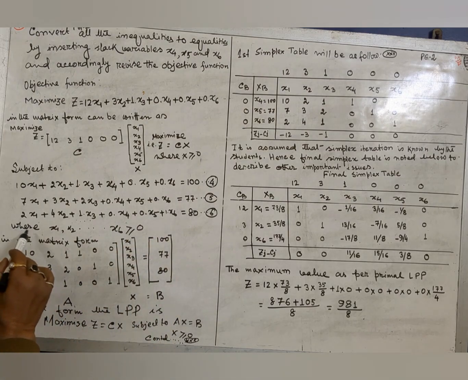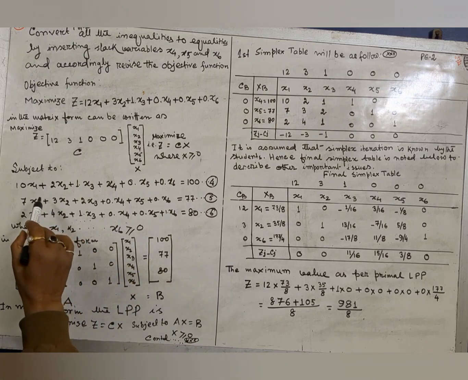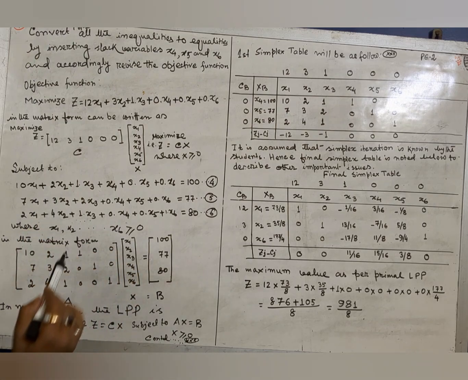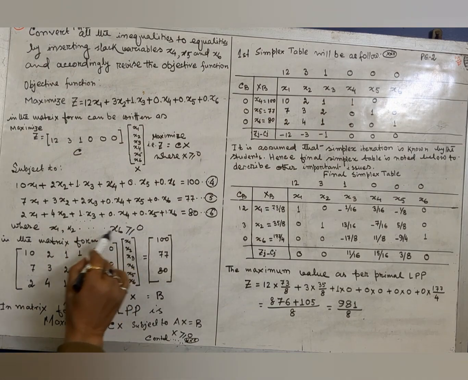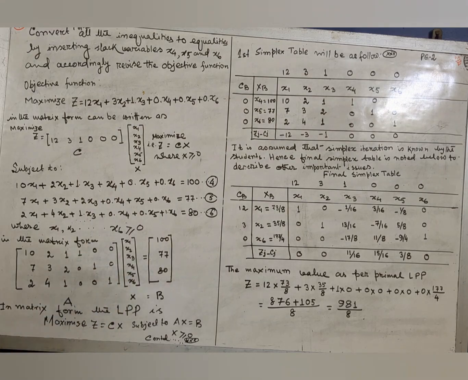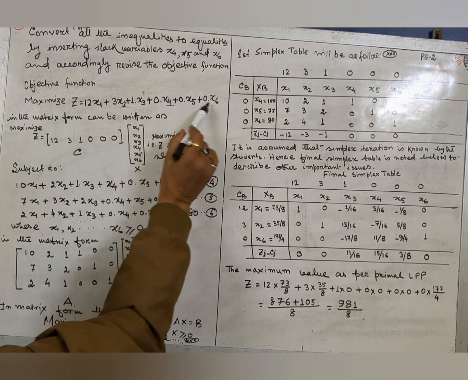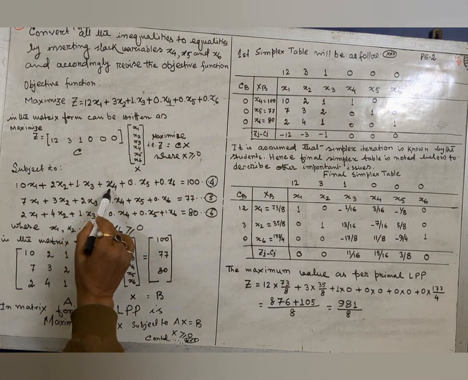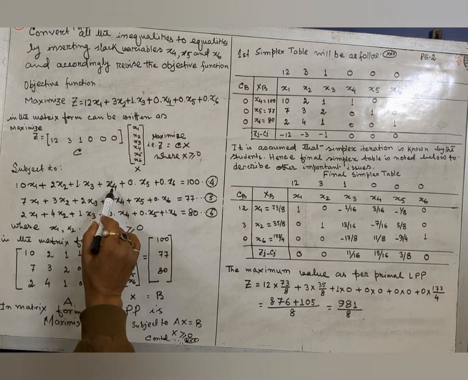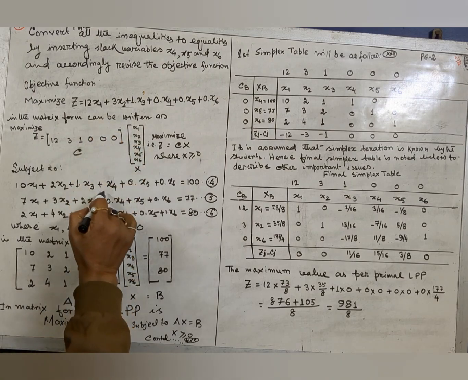Here all slack variables are greater than or equal to 0, and I have already mentioned that x1, x2, x3, the decision variables, are also greater than or equal to 0. The objective function will be like this, because the slack variables have no contribution to the objective function.